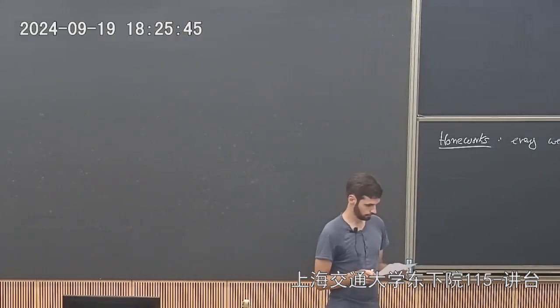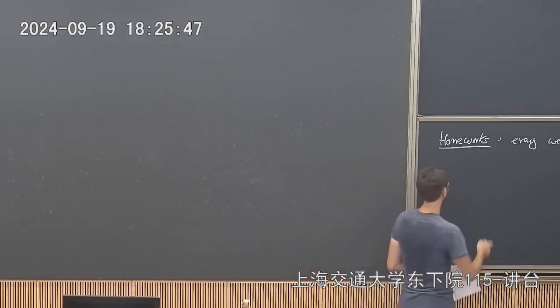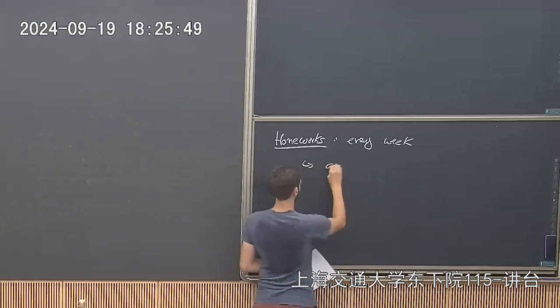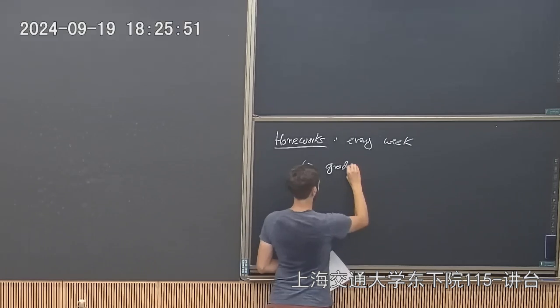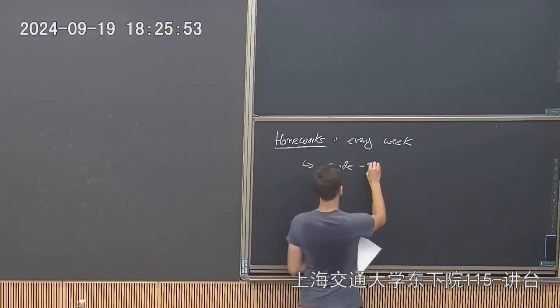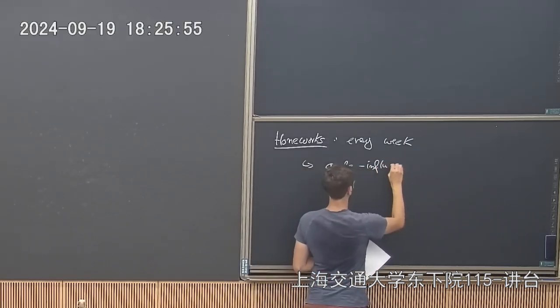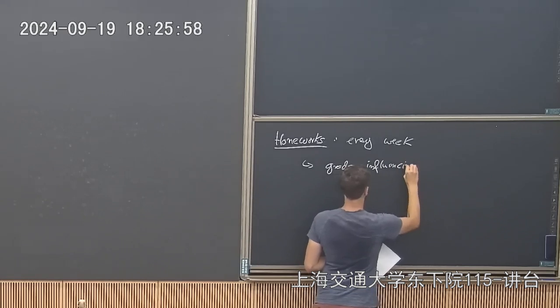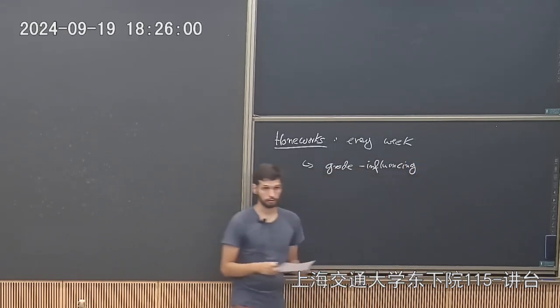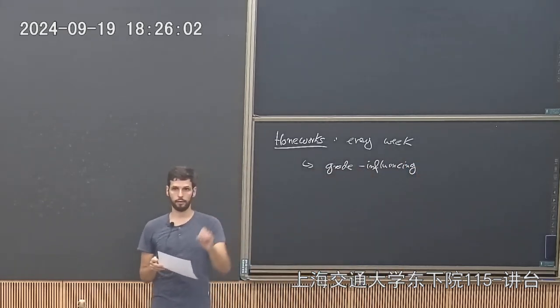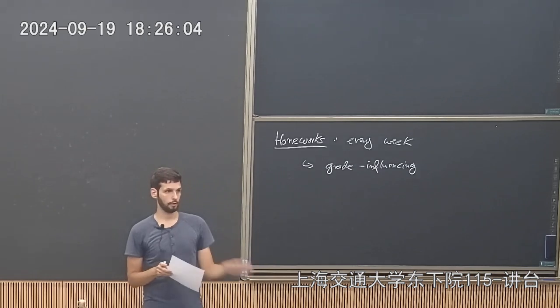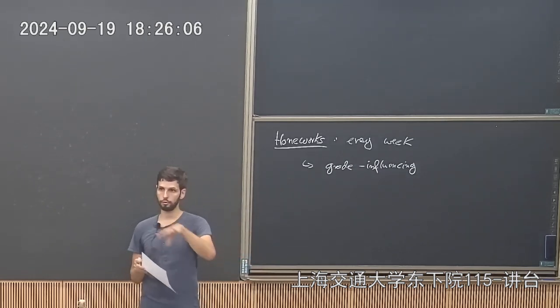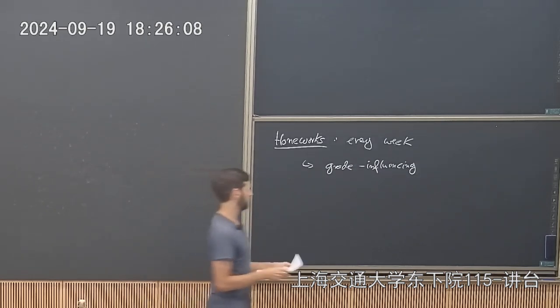And there are two kinds of versions. One of them is the grade-influencing one. So that's one part of the exercises where you really have to solve them, and your performance on the solutions gives you 30% of the final mark.